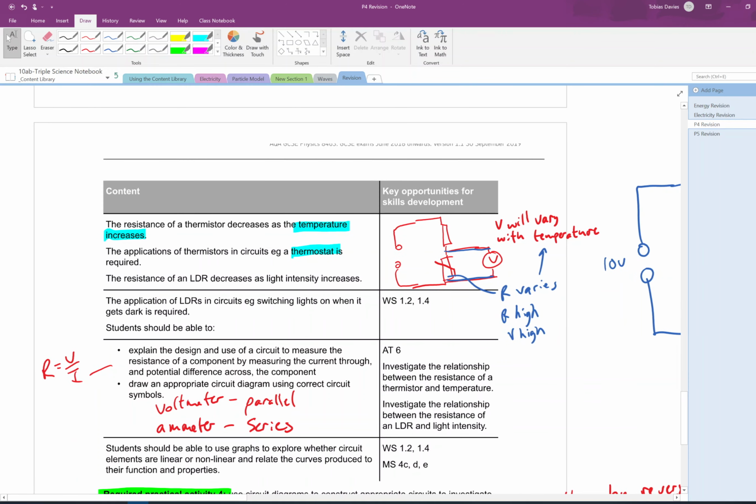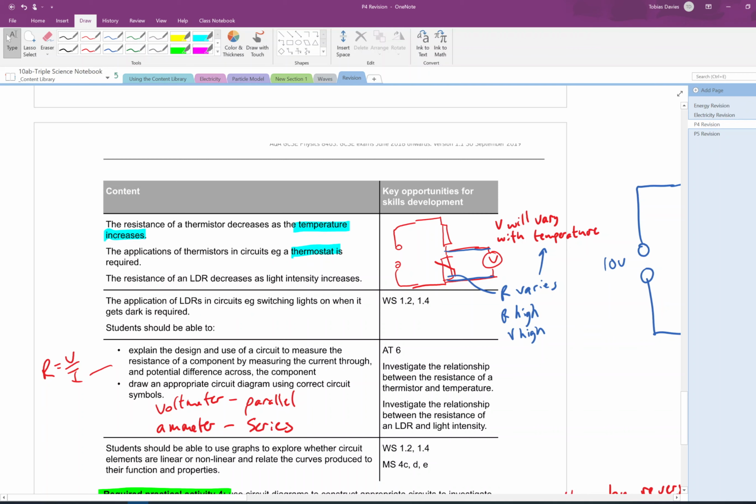Now, if you're looking at resistance of either of those, then you would use a voltmeter and an ammeter to measure the voltage and the current, the voltmeter again in parallel, the ammeter in series, and look at the resistance and how it changes with light intensity.